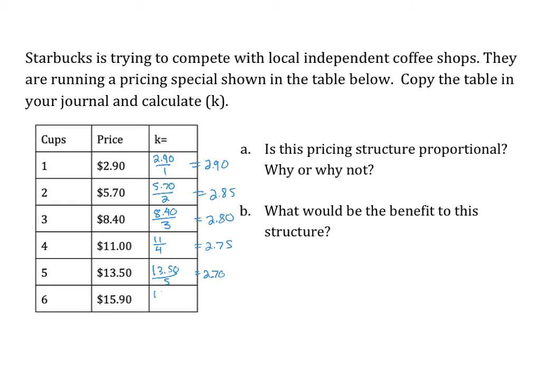And then I can say 1590 divided by 6, and I will come up with $2.65. So these all, while they do follow a pattern, they do not share the same value K. So these are not proportional.